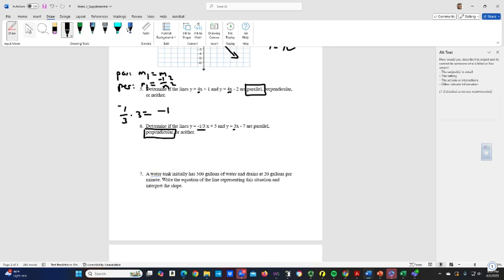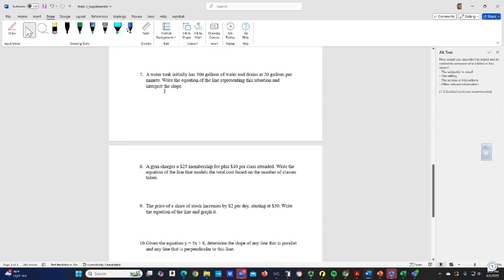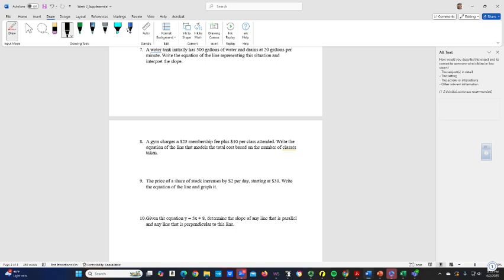Okay, so 7, we're gonna get into a little bit of a word problem, right? Don't cringe, it's all right. So it says a water tank initially has 500 gallons of water and drains at 20 gallons per minute. Write an equation of the line representing this situation and interpret the slope. All right. So remember, y equals mx plus b.